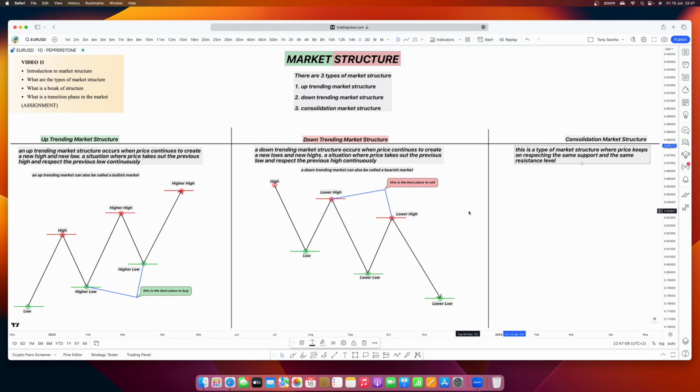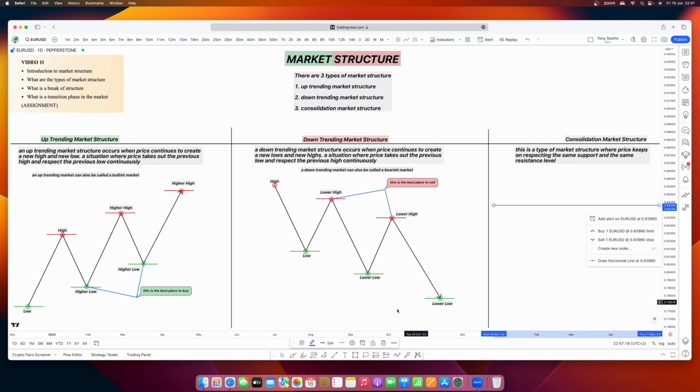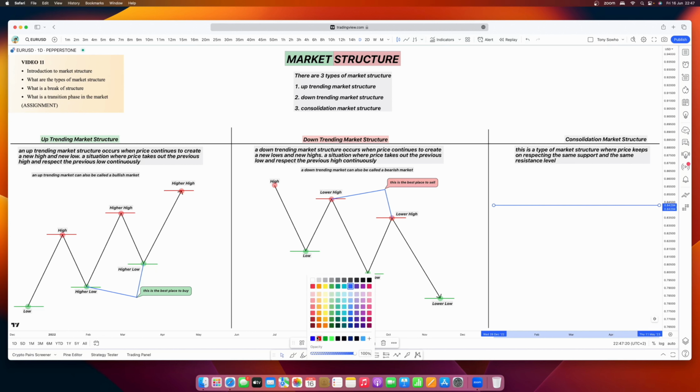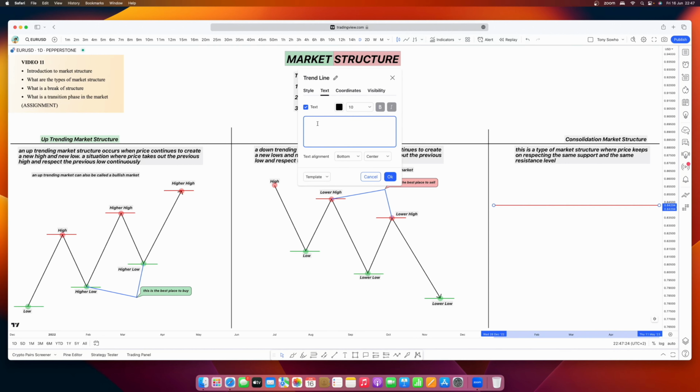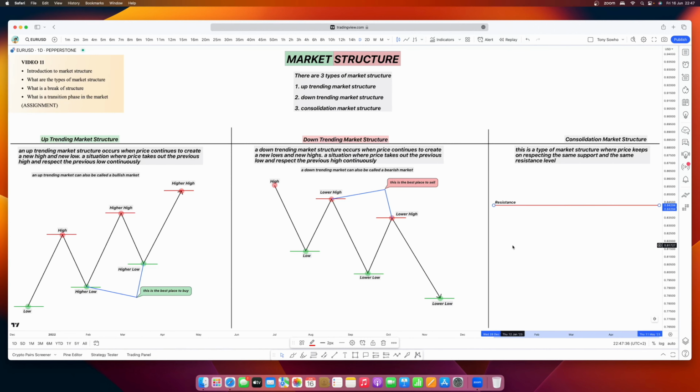What does that mean? So that means we have a resistance. Okay, we're going to signify that with red, and we can type on it and say resistance. Okay, I'm going to make that big. I can make that maybe 14. Put that at the top, and then we can put that at the left. Exactly. So that's a resistance.